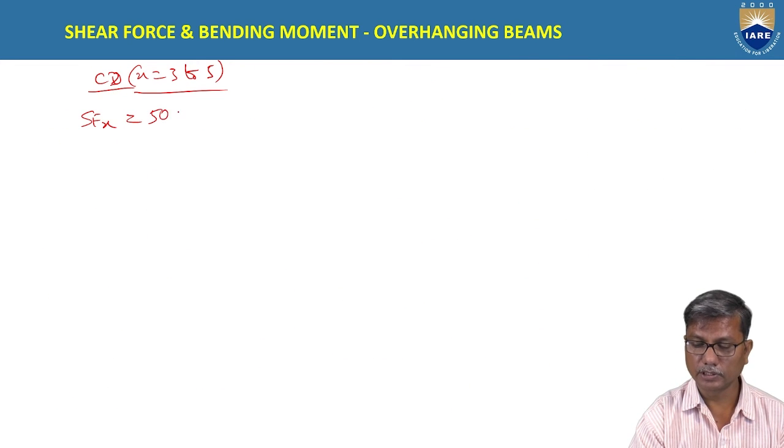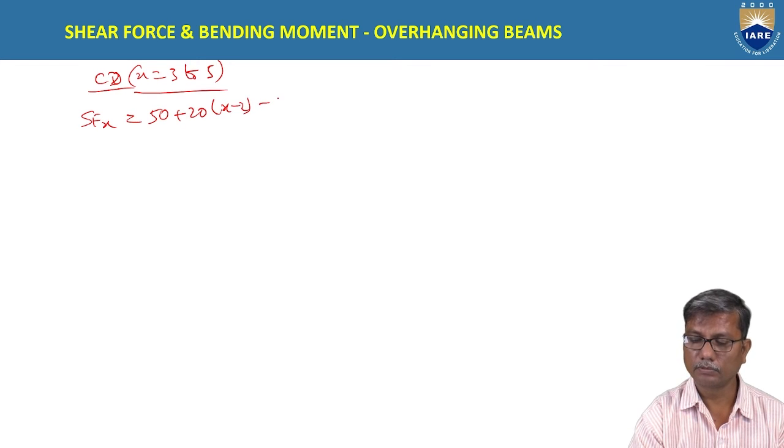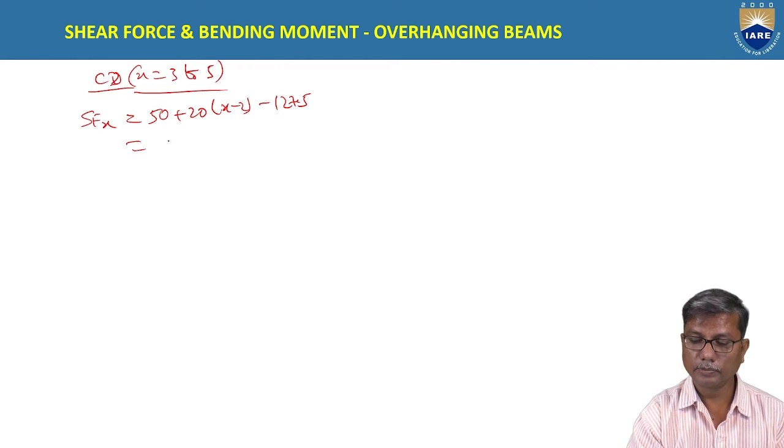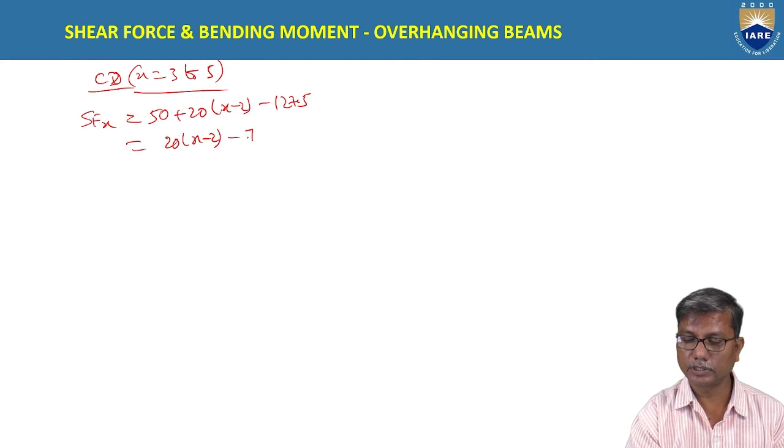40 plus 10, that is 50, plus 20 into (x minus 2), minus 127.5, RE. So it will be 20 into (x minus 2) minus 77.5.